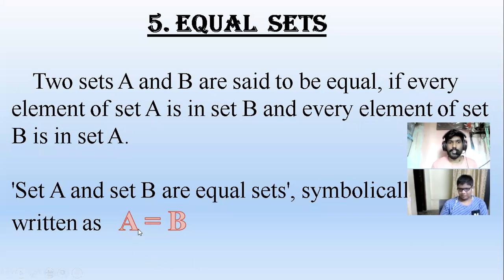Symbolically, you write it like this: A is equal to B. The simple meaning of this definition is that elements in set A and elements in set B should be the same.